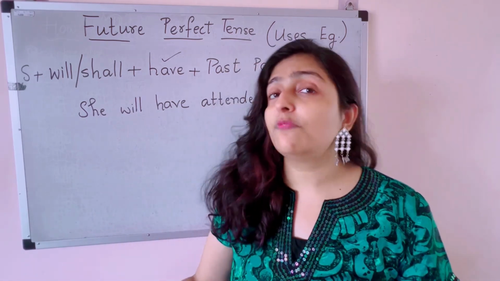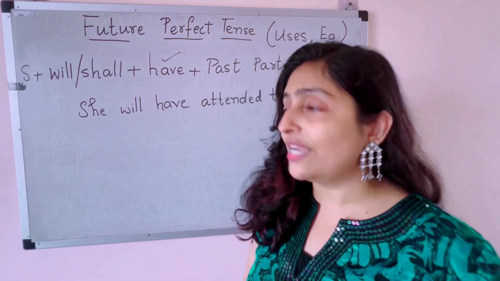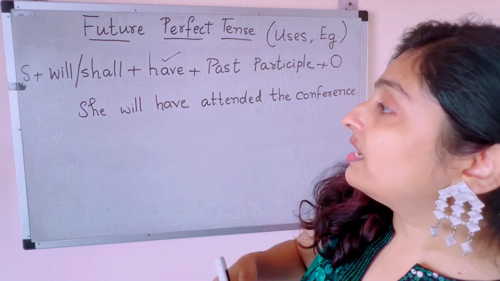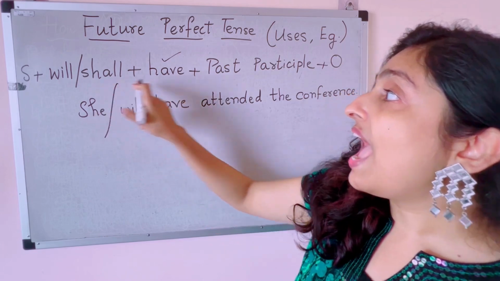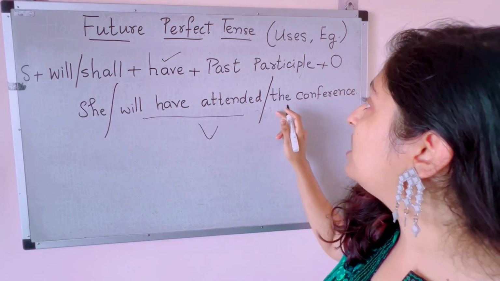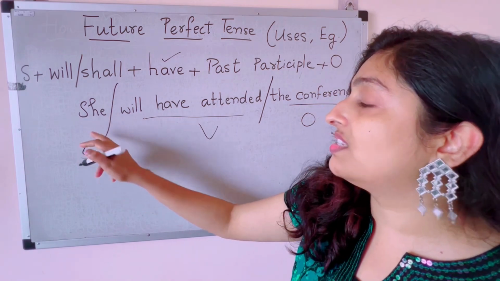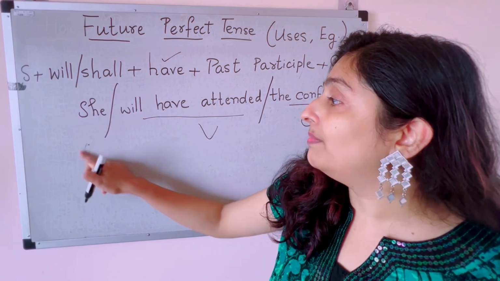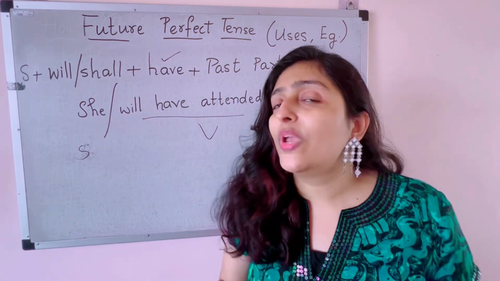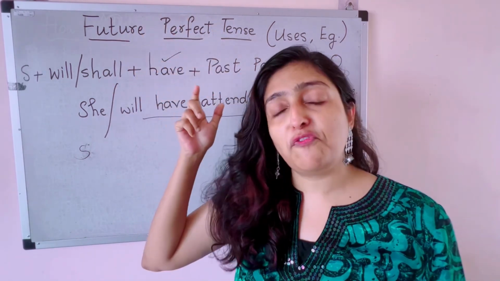Regular and irregular verbs have also been discussed in my previous videos of the functions of tenses. The link is given in the description. Now, she is the subject, will have attended is the verb, and the conference is the object. Subject, verb and object. So this is how we construct or frame a sentence in future perfect tense.